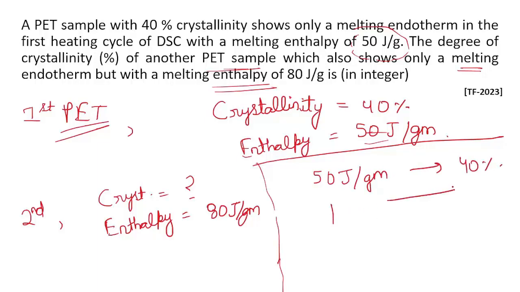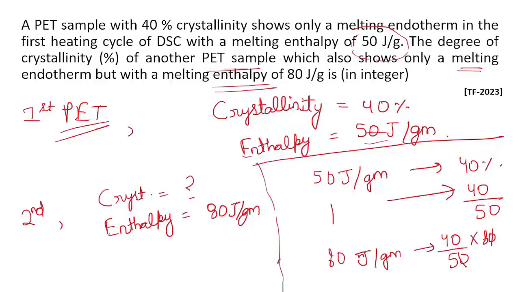So for 1 joule per gram, the crystallinity would be 40 upon 50. And for 80 joule per gram, the crystallinity is 40 upon 50 into 80. If we solve this, it comes out to be around 64%.